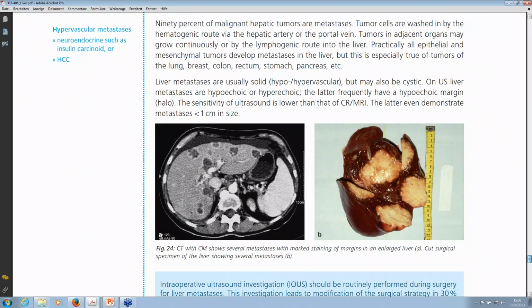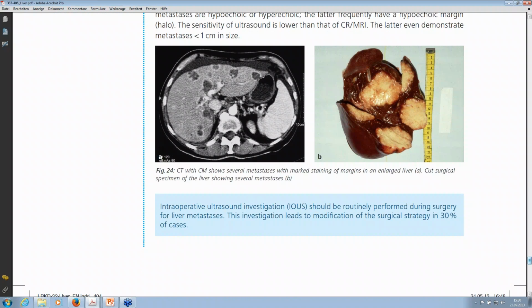So I think it is worthwhile to come back to the metastasis. It's very important to see one quality of metastasis. They are multiple. Metastases with a halo have a distribution over both liver lobes in many cases, and this is much rarer in hemangiomas.